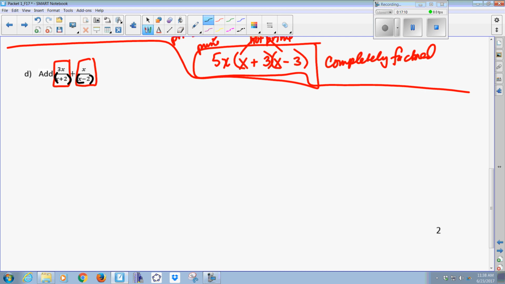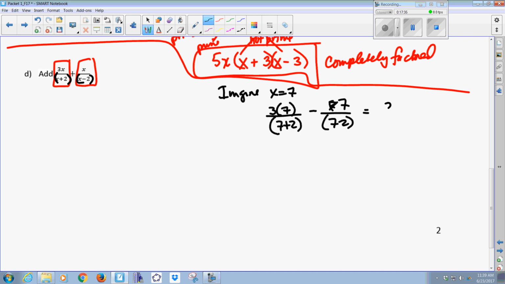So one little trick you could do for yourself is imagine that x equals 7. In this case, then what would we have? We'd have 3 times 7 on the top and 7 plus 2 on the bottom. And in the next case, you'd have 7 over 7 minus 2.